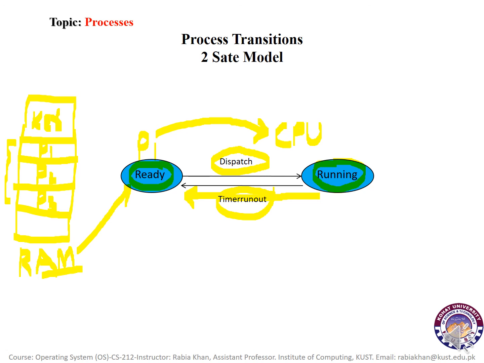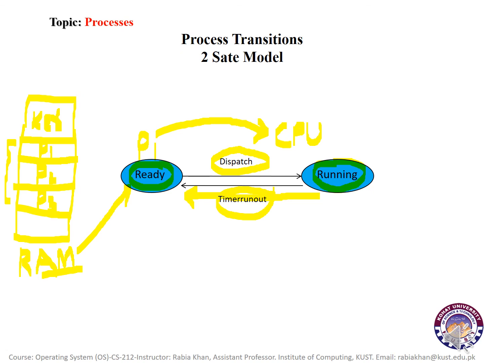But keep in mind, before sending it to the ready state, its program counter is updated. Program counter means that the next time this process comes, it will not start execution from the start of the program, but from the point where it was stopped in the middle before being sent back to the ready state.